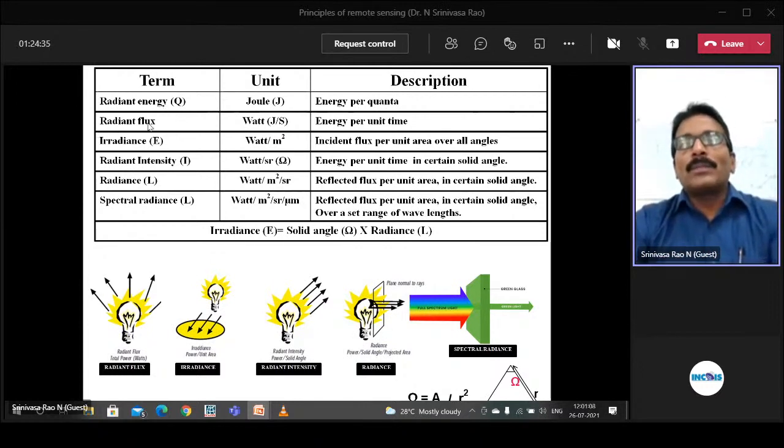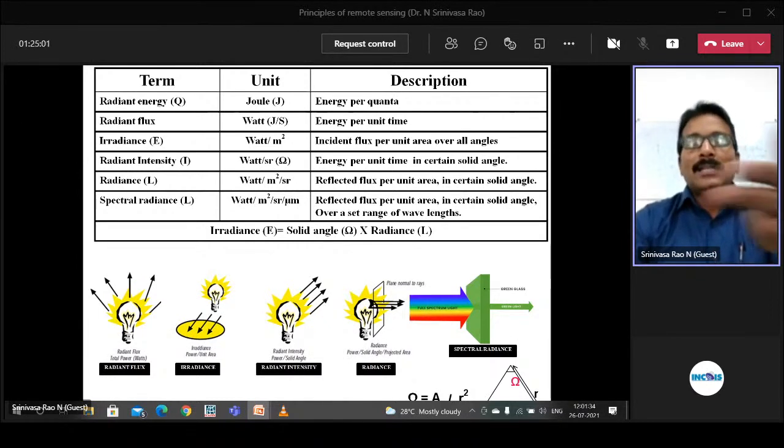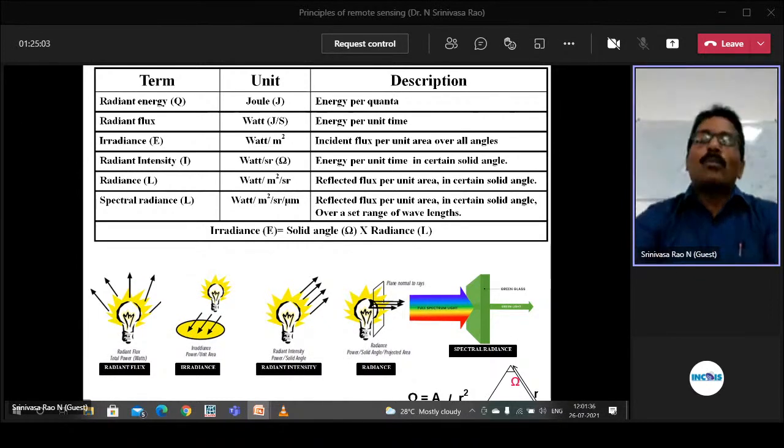The second one is radiant flux. The unit is joule per second, which we represent as the watt. We define it as energy per unit time, where unit time means 1 second. Within 1 second, how many packets are incident on the target or leaving from the target, either incident or leaving, both.